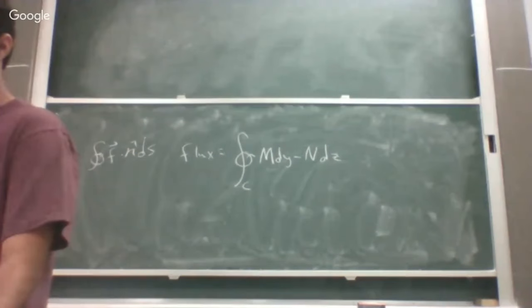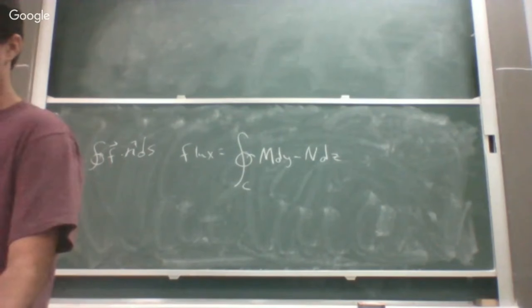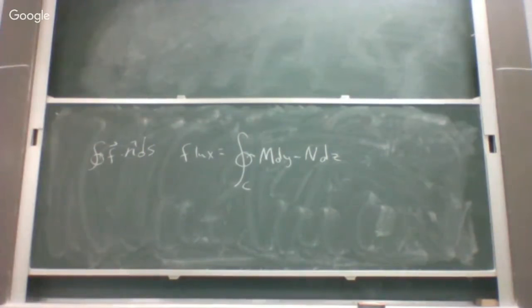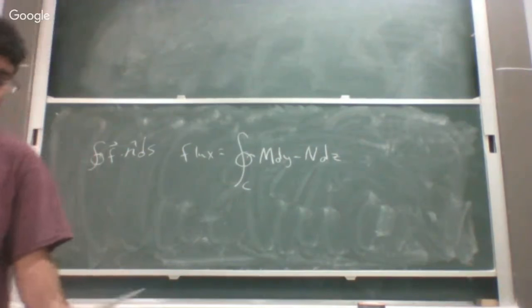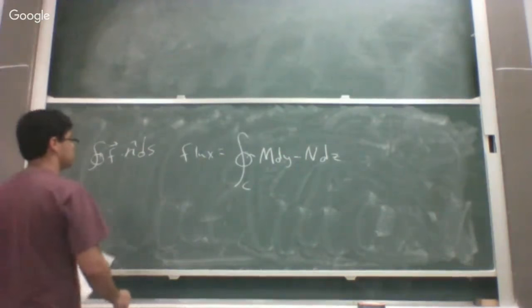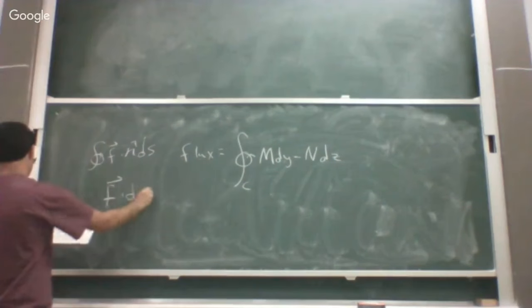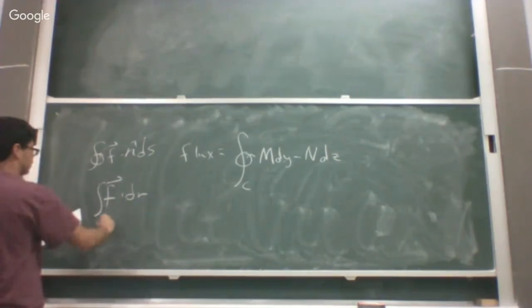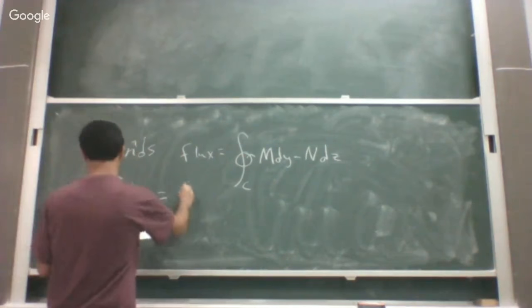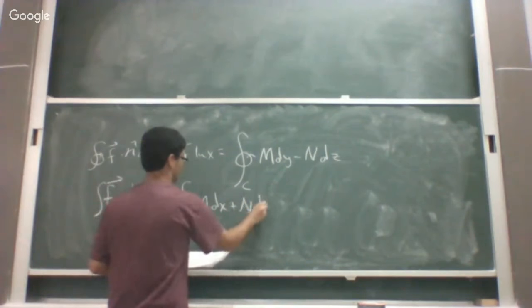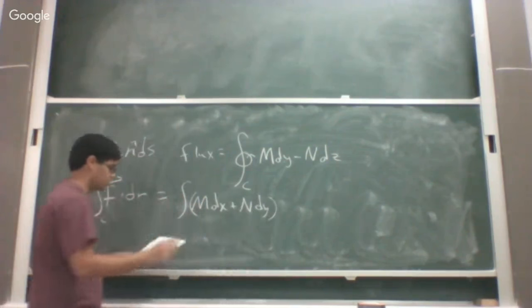Okay. Now, what is circulation? Circulation is flow. And as I mentioned, for flow you have F dot dr for whichever curve, equal to M dx plus N dy if it's two-dimensional.